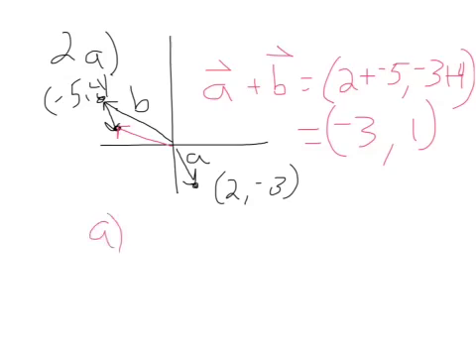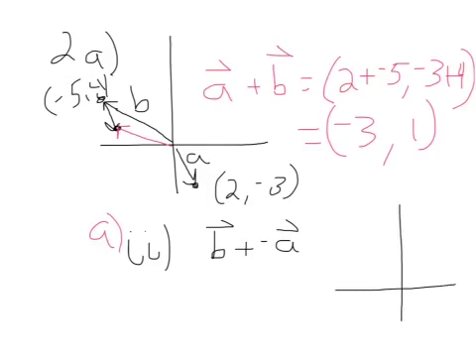So A, part 2. In that problem, we have B plus the opposite of A. The opposite of A is going to have the coordinates of negative 2, 3.